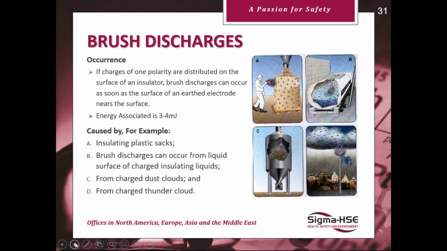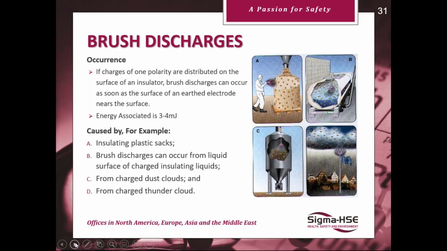Brush discharges come off of insulators, and these can occur in many ways. If charges of one polarity are distributed on the surface of an insulator, brush discharges can occur as soon as an earthed electrode nears the surface of the insulator. Energy is fairly low, 3 to 4 millijoules. And you can see here, insulated plastic sacks.